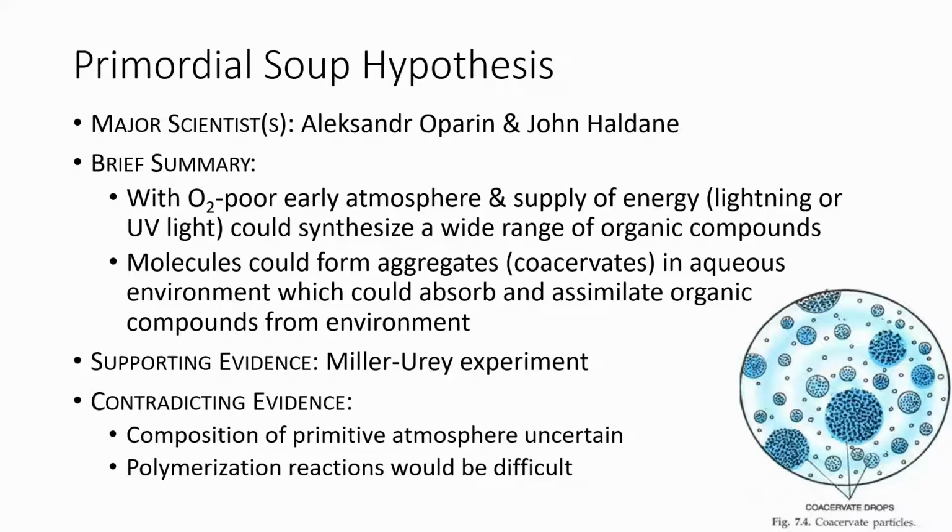With these in combination, they could form various basic organic compounds, which could form aggregates, these buildups of molecules, including coacervates like we observed in our Origins of Life lab. And in an aqueous environment, they could absorb various organic compounds, they could grow, they could even replicate.